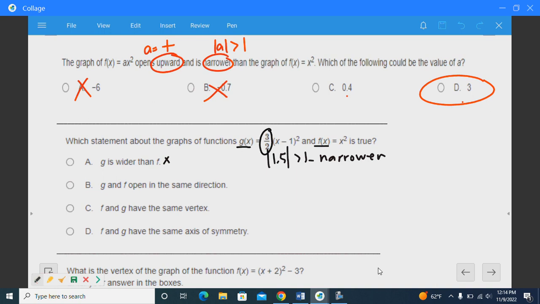Next question. Again, what is the vertex of the graph of the function f of x is equal to x plus 1 squared minus 3? That would be, and that is f of x is equal to x minus h squared plus k.